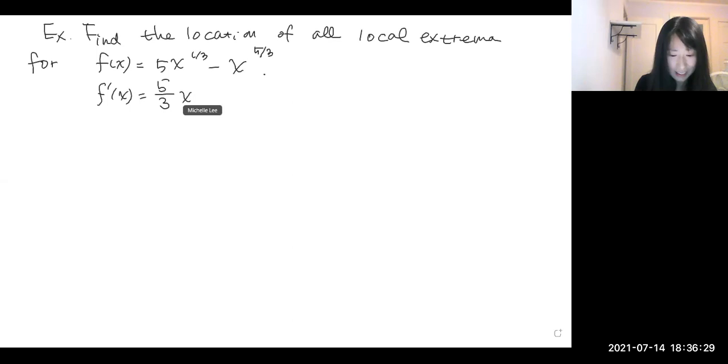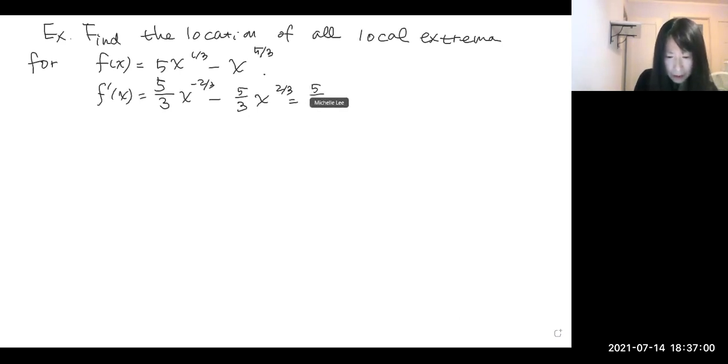Excellent. Go ahead. x to the negative 2/3 power. Good. And then minus 5/3 x to the 2/3 power. It's not negative. Okay, then let us simplify this one.